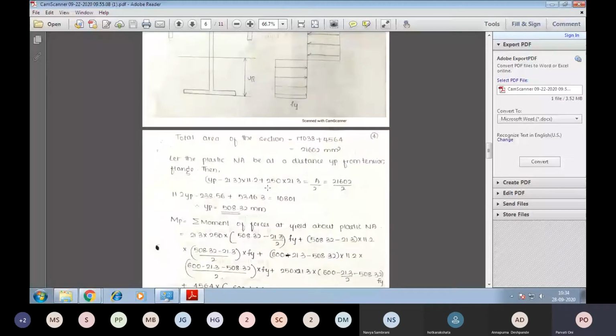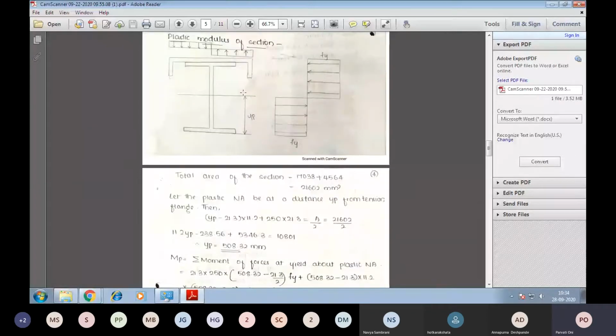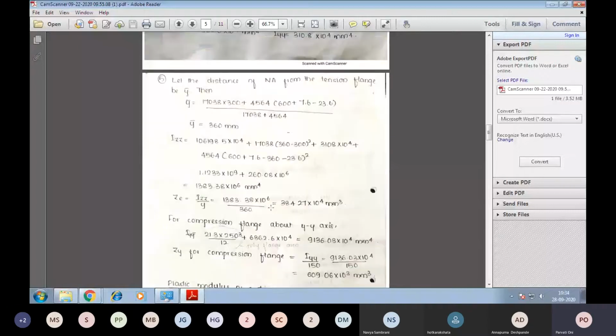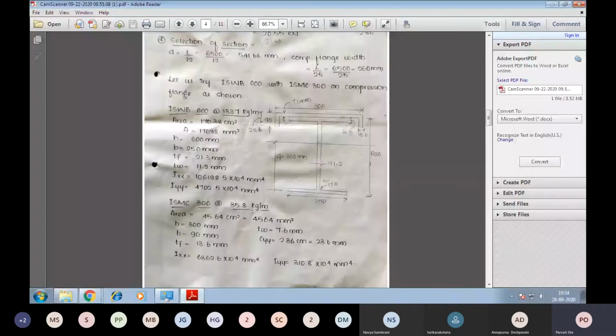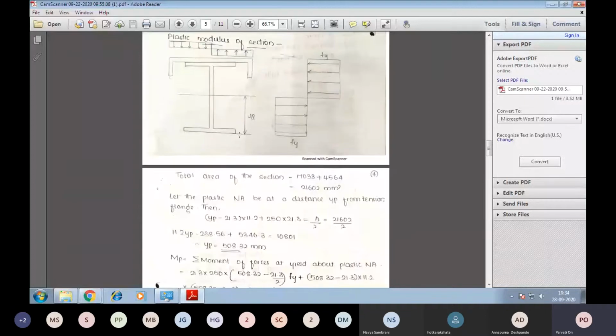So this depth will be YP minus 21.3, into the thickness of the web, which is 11.2. Plus the area of this tension flange, it is 250 into 21.3.